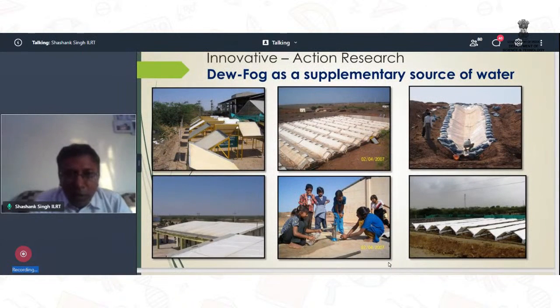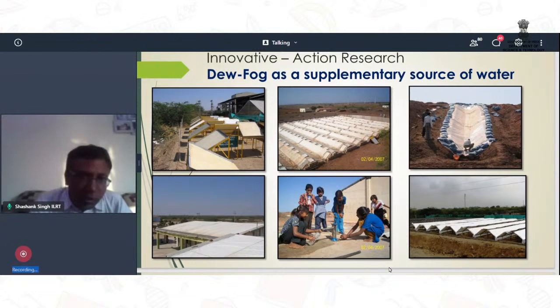This is a very innovative project on dew fog technology. I was a research engineer at IIM Ahmedabad in 2005. We developed some designs for capturing the dew in the coastal area of Kutch. We did some experiments.